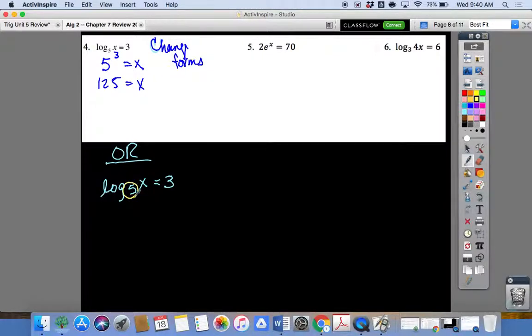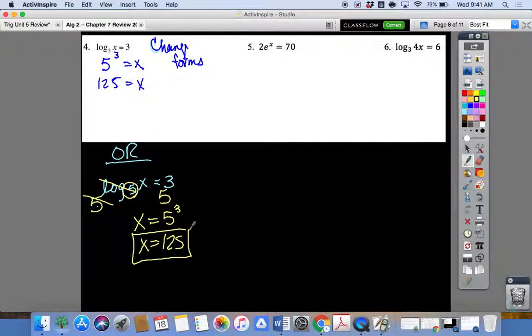So my base is 5, right? So I'm going to put down here that base, and basically your problem kind of becomes your exponent. Since these match, they cancel. The x drops down, and you got 5 to the third again. Surprise, surprise. So x is 125.